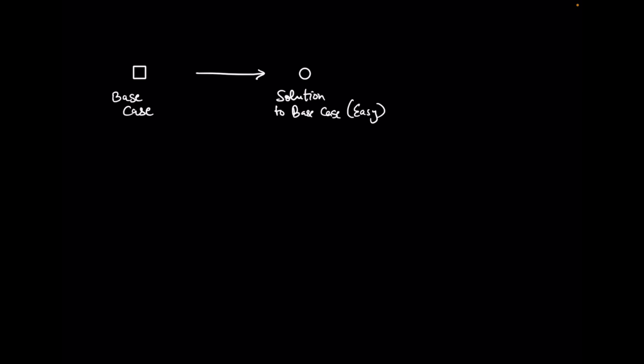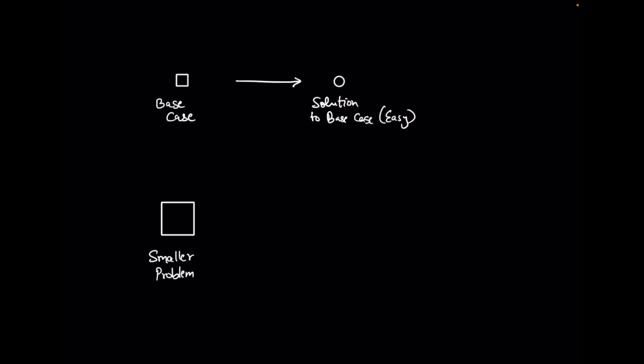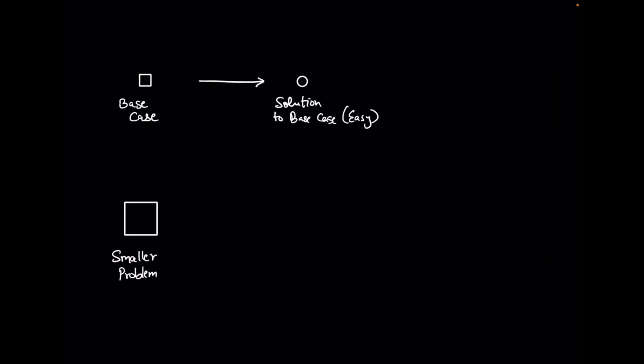But in the case that the sub-problem isn't a base case, what can happen is that the sub-problem is actually a smaller version of the original problem, right? If the original problem had some big input numbers, this sub-problem might be the exact same problem but with some smaller numbers, some smaller inputs.